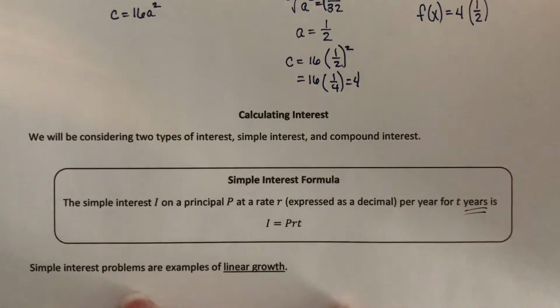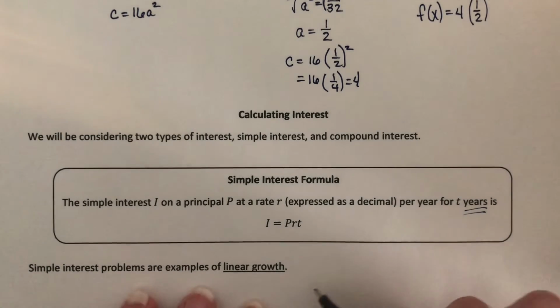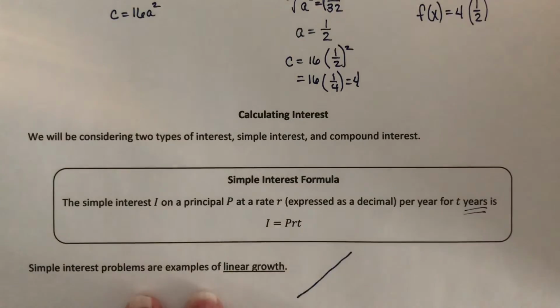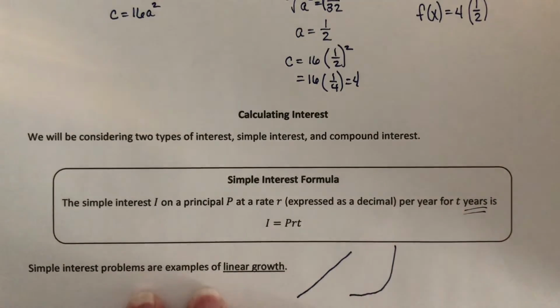For all of your interest formulas, T is in years. You may have to do some conversions. Then the formula is I equals PRT. Simple interest problems are an example of linear growth, so they just go up like that, as opposed to an exponential that starts off slow and then shoots way up.